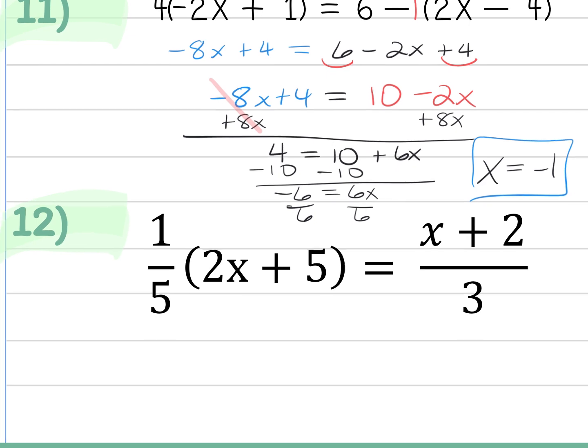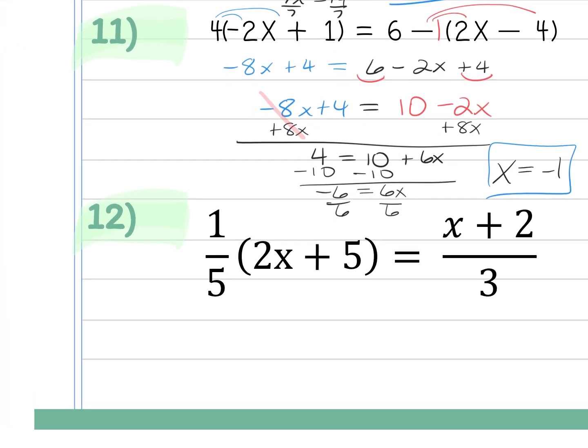Now, I'm going to show you a really cool trick to get rid of your fractions. Now, you could distribute the 1/5 to the 2x and to the 5, but you'll be working with a fraction. What I like to do is clear the fraction. So what I'm going to do first is multiply both sides of my equal sign by a positive 5.